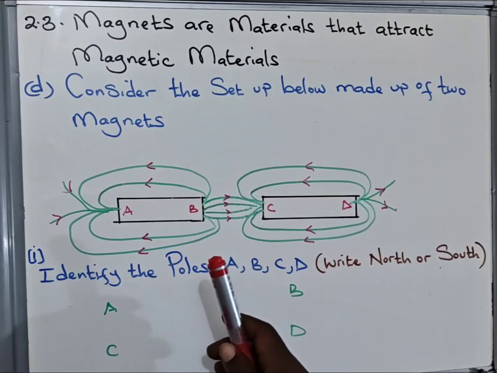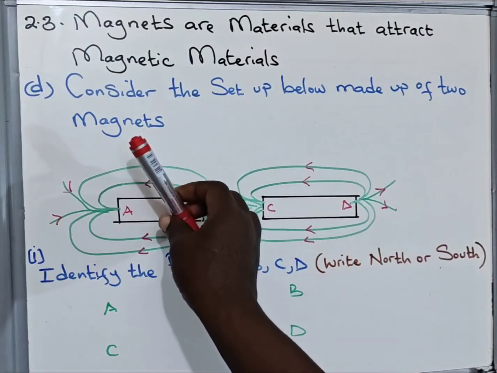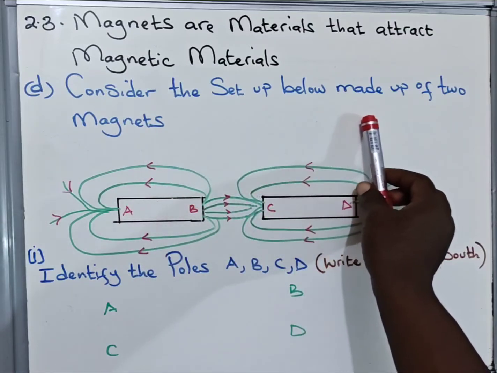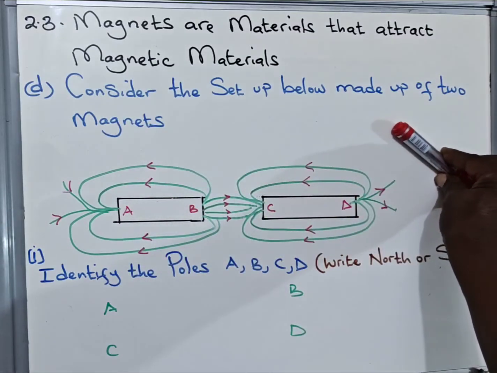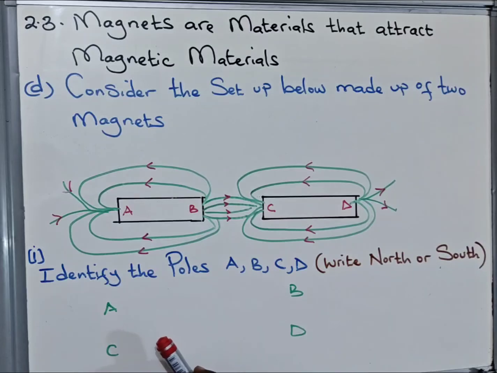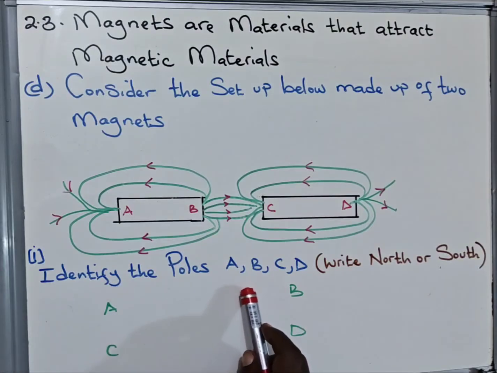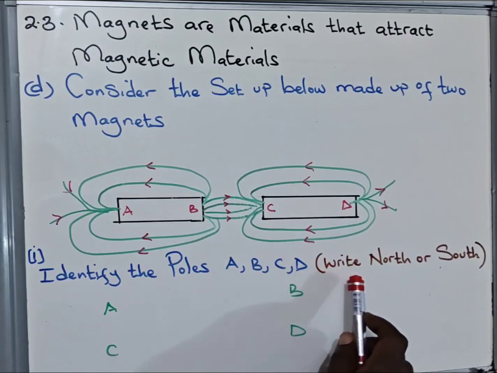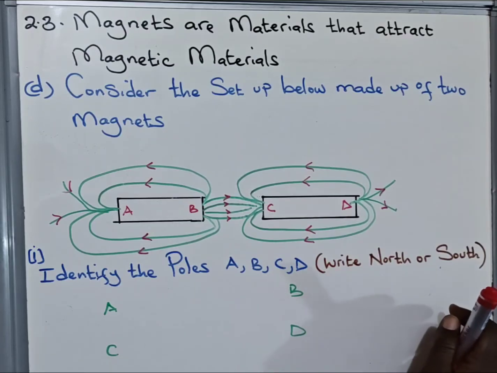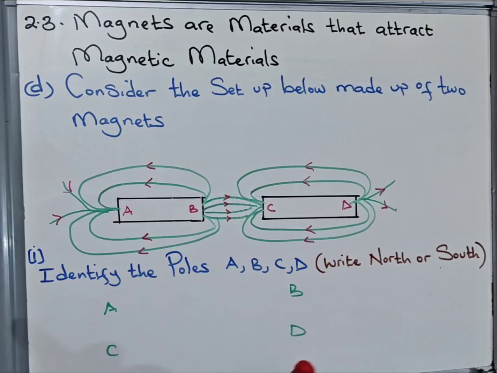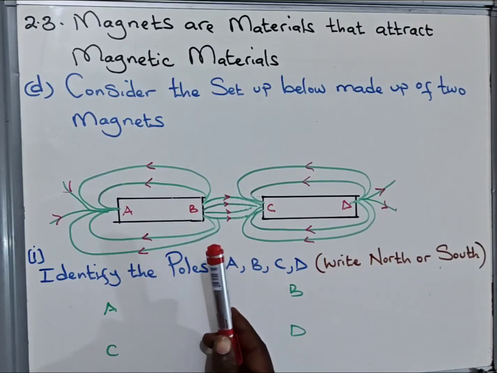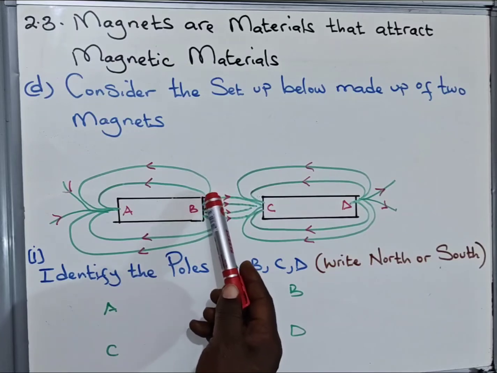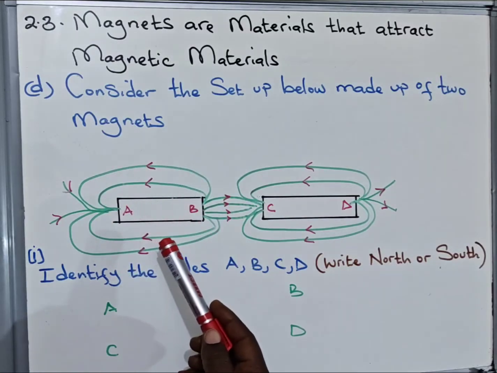Then we come to this question. It says, consider the setup below, made up of 2 magnets. Then they say identify the poles A, B, C, D. They say write north or south. Let us look at the scenario. We said the magnetic flux always moves from north to south.